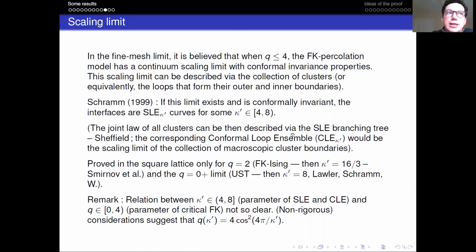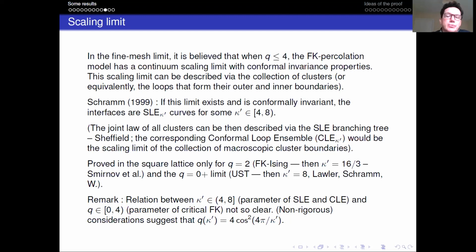Now I want to emphasize one thing: if I give you an FK percolation model q, I take the critical value, and you ask which SLE is going to describe its scaling limit, or which conformal loop ensemble, then the relation between q and kappa prime is not something which is rigorously established.